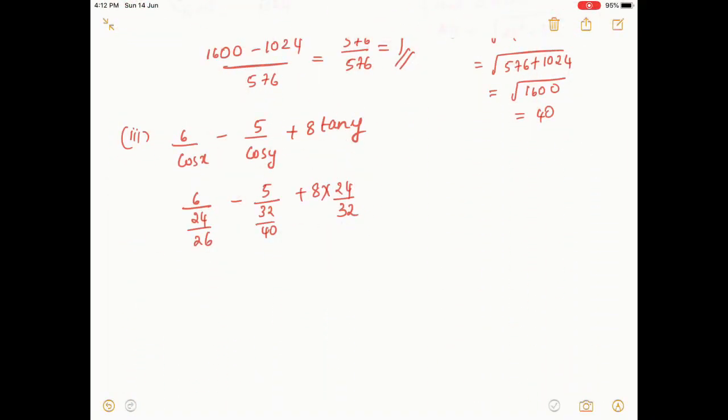So let us solve it. What do you get here? 26 into 6 by 24 minus 5 into 40 by 32 plus 8 into 24 by 32. Let's find the value of all this.